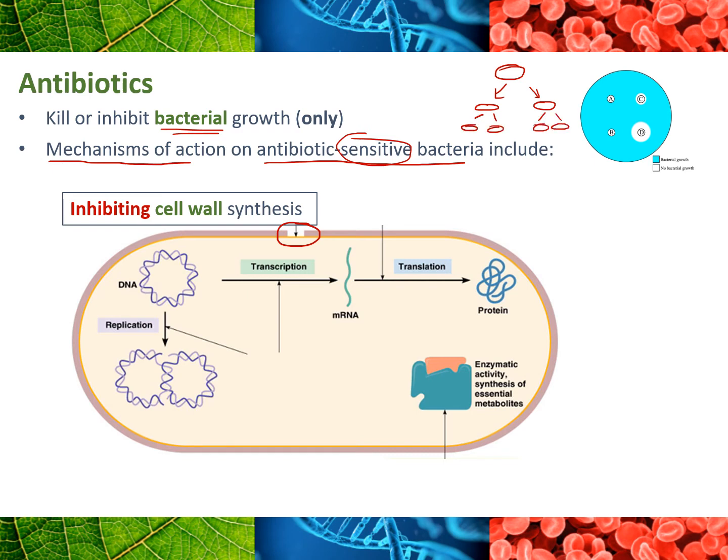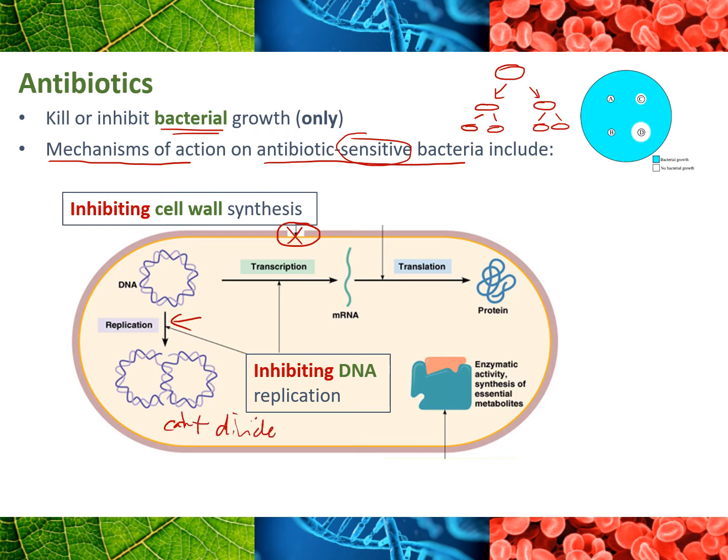So in the process of those dividing, antibiotics can interfere with the cell wall forming, and that means that bacteria will not be able to function properly. They can inhibit the replication of DNA. So again, if a bacterium cannot reproduce its DNA, it can't divide, it can't go through binary fission. So it won't be able to spread in that area.